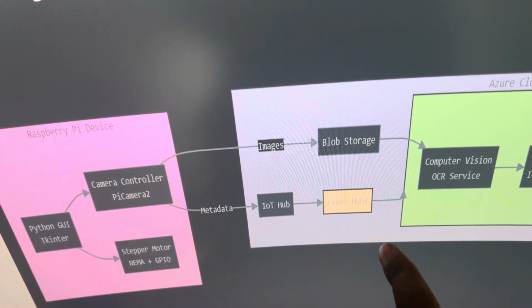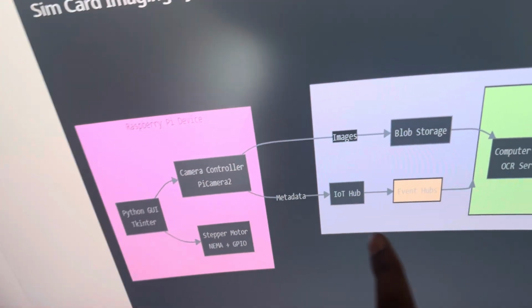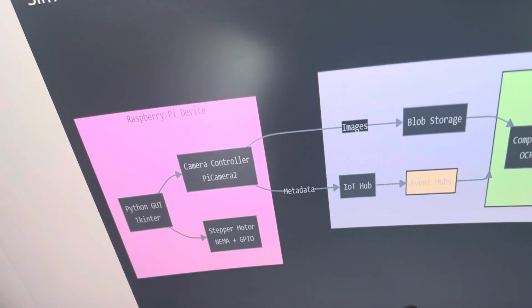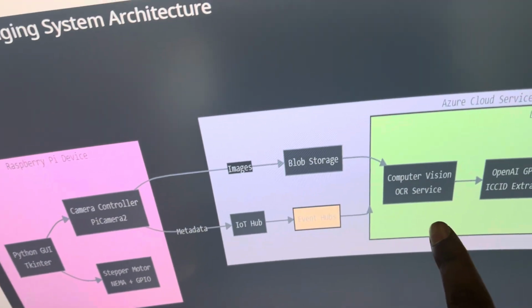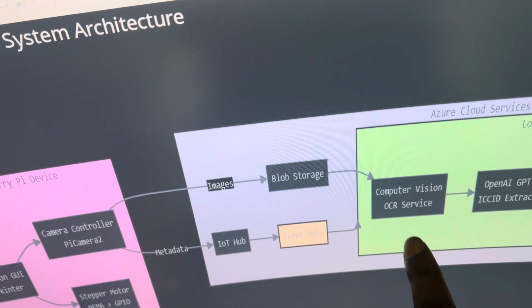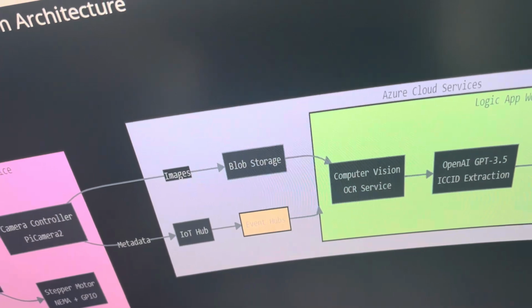Event Hubs will be listening in for messages coming in from IoT Hub, because that's where I'll be getting the metadata about the pictures. Once all that is done, computer vision is involved, which will be reading the characters that are written on the SIM cards.